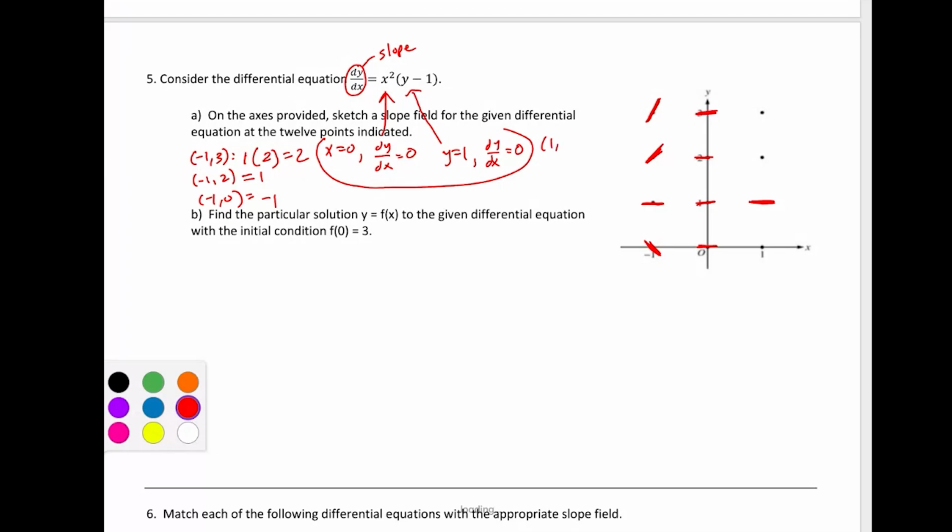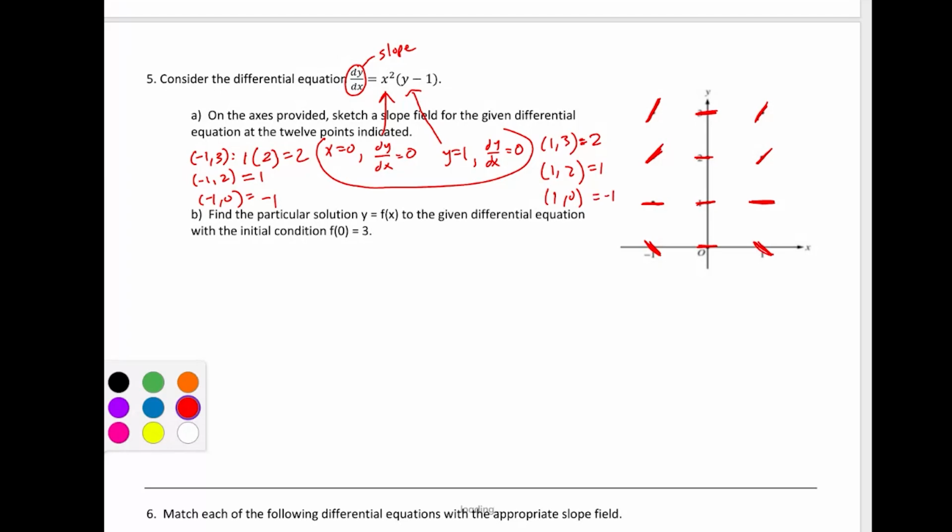So at 1 comma 3, we have 1 times 2 is 2. At 1 comma 2, we're going to have 1 times 1 is 1. And at 1 comma 0, we have 1 times negative 1 is negative 1.